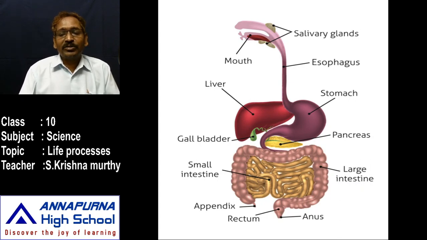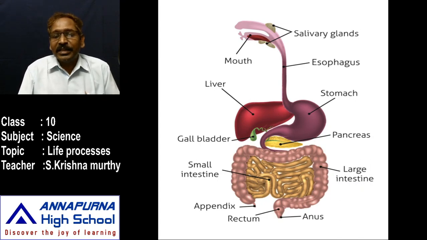The remaining bile juice that entered the bile duct is reabsorbed in the large intestine. Also, in the large intestine there is no digestion, but the water contained in the undigested food is reabsorbed and sent into the blood.